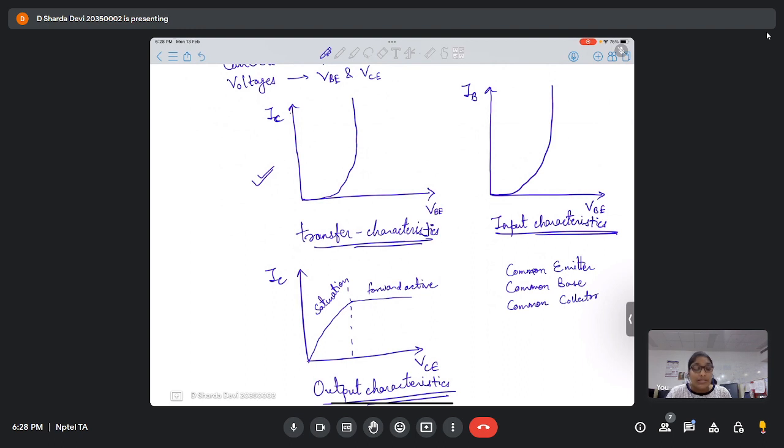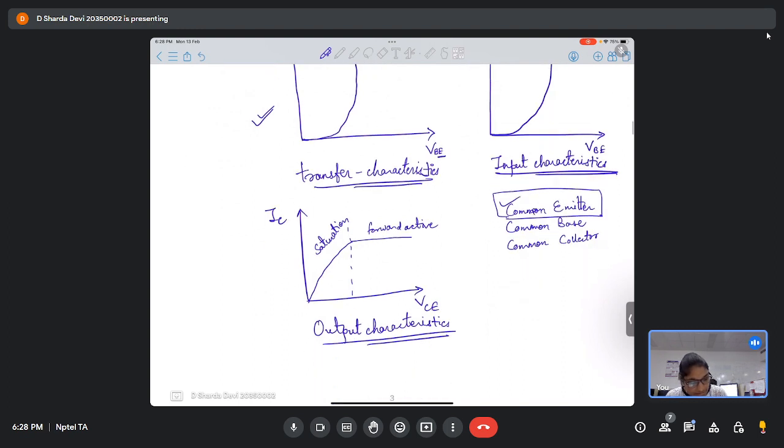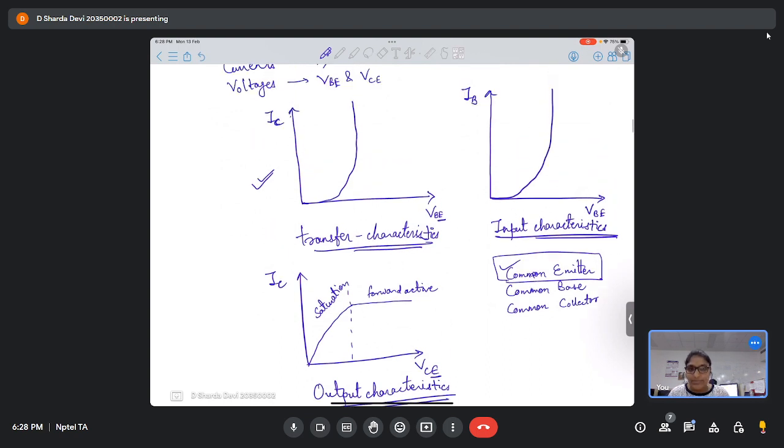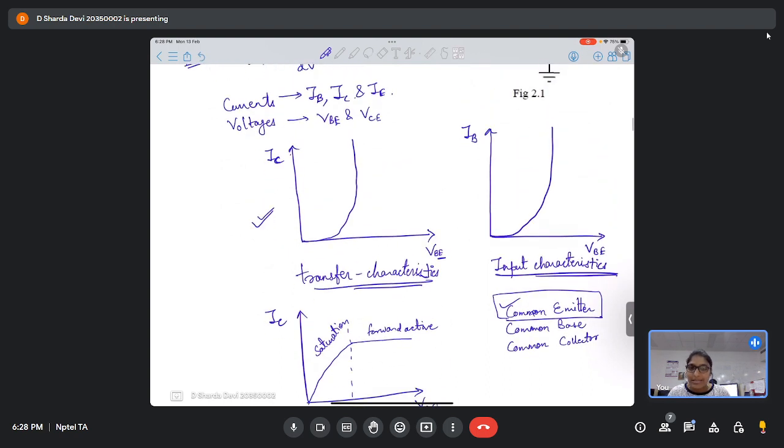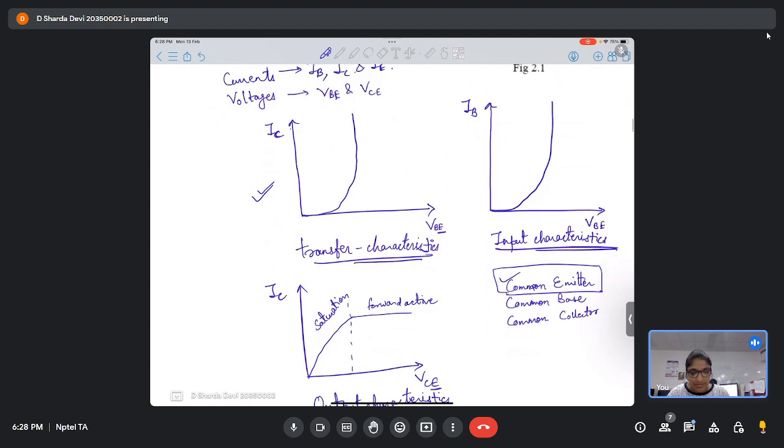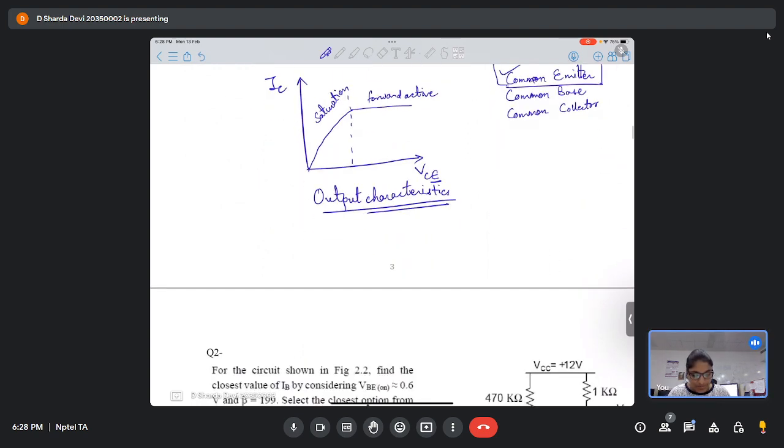Common emitter. Yes, how can you figure out that it is a common emitter configuration? Emitter is there for input side VBE and output side as well. Yes, because here we can see that it is VBE as well as VCE. So E is common. That's why it is common emitter. Clear, right? All the characteristics, everything that we discussed till now, is this clear to everyone? Yes, ma'am. Okay, so let's move ahead.